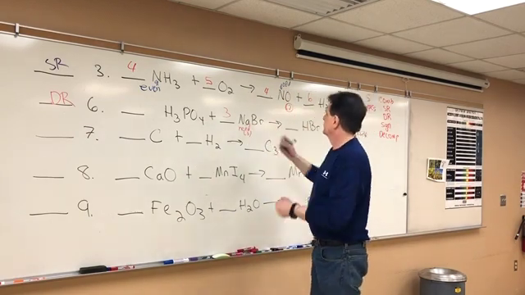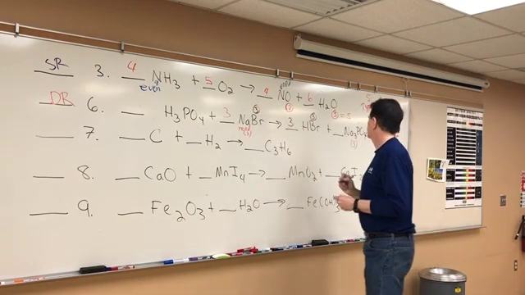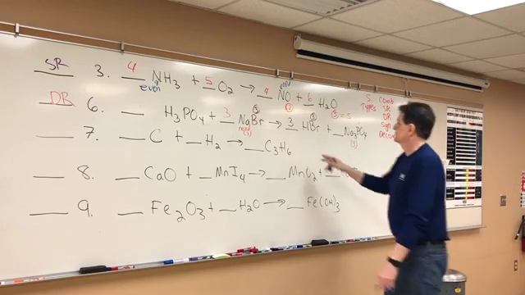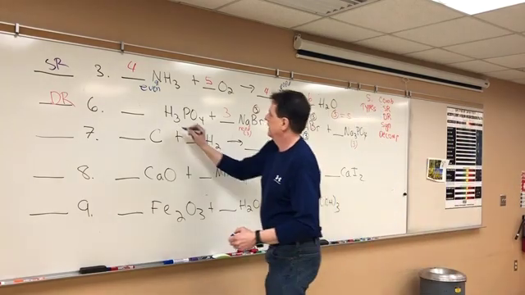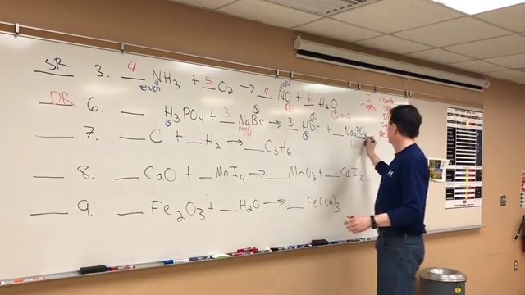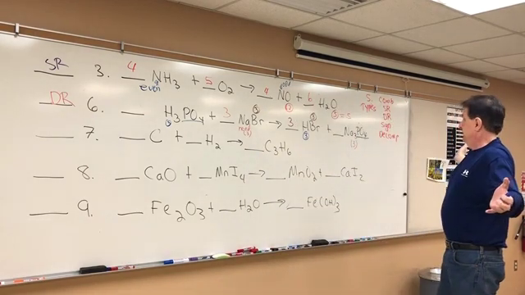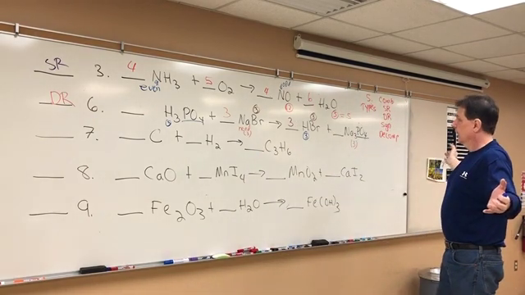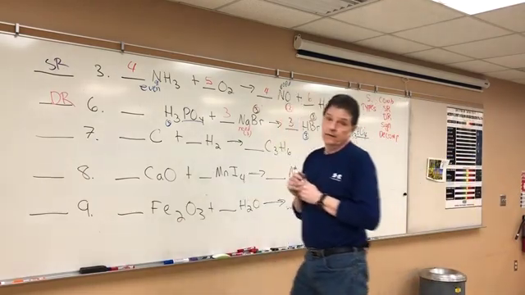It gives me 3 Br's, and I need 3 Br's, so I'm going to need a 3 there. That takes care of hydrogen because I have a 3 on H and a 3 on H here. I'm good on hydrogen. I'm good on phosphate. I have 1 and 1. Am I missing anything? No, that looks good. That is balanced. We are on to the next one.